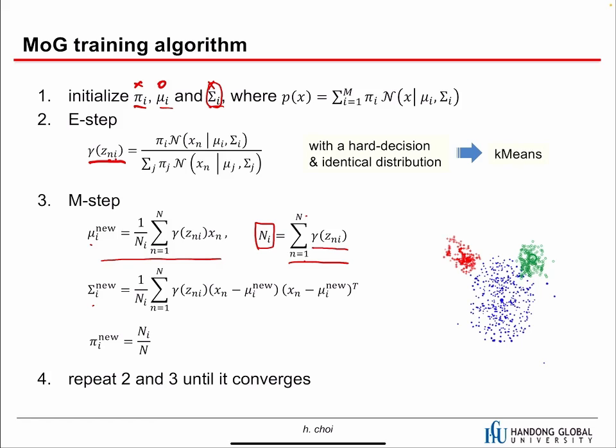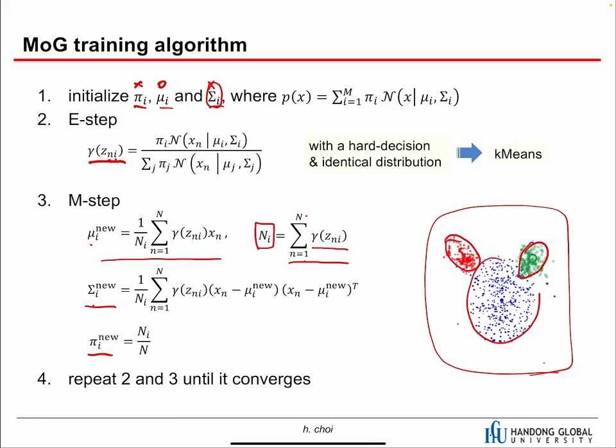And we can update the covariance matrix, and the prior, the weight. Then we repeat steps 2 and 3 until it converges. With this algorithm, we can find the 3 clusters for these samples, so we have 3 Gaussian distributions like this.